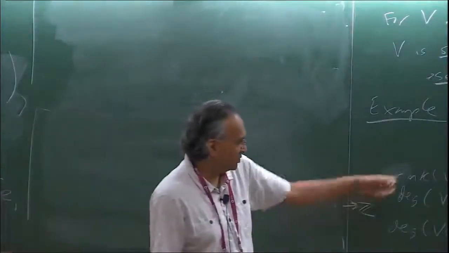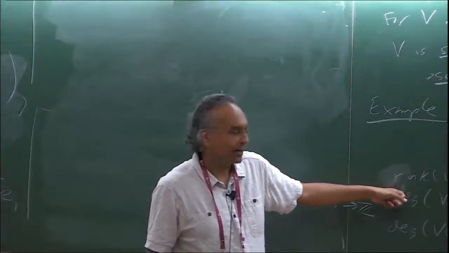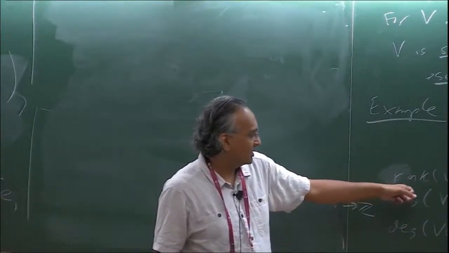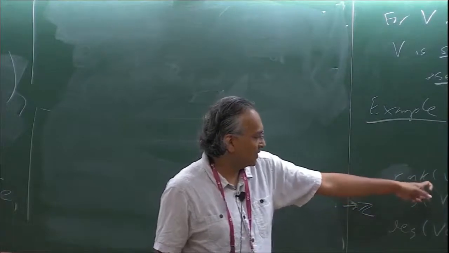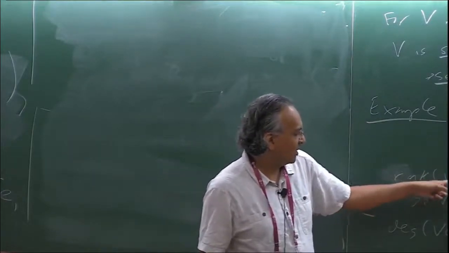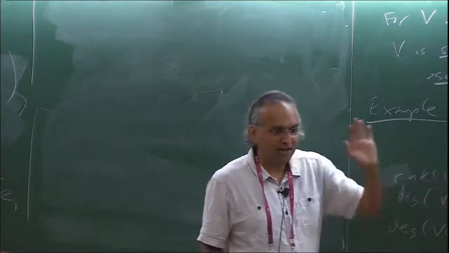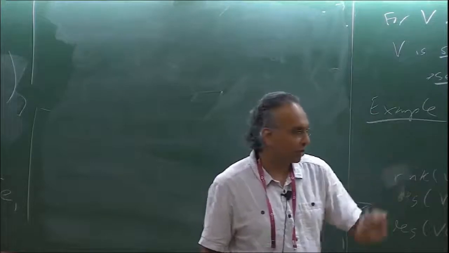Stable implies irreducible. Remember the discussion we had about a direct sum. If you have a direct sum or even an extension, then the slope is some sort of weighted average of the two other slopes.